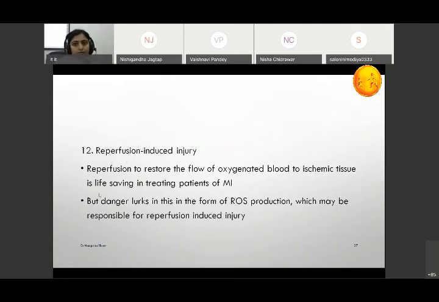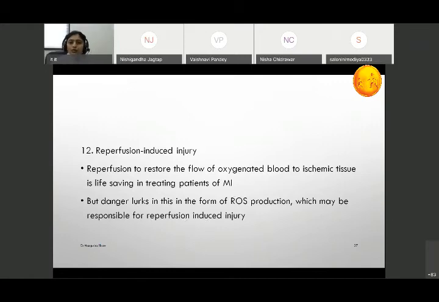That is known as reperfusion. Sometimes what may happen is that reactive oxygen species production can occur whenever this flow of oxygenated blood to ischemic tissue is restored. At that time, there may be a chance of formation of reactive oxygen species. That is known as reperfusion-induced injury.